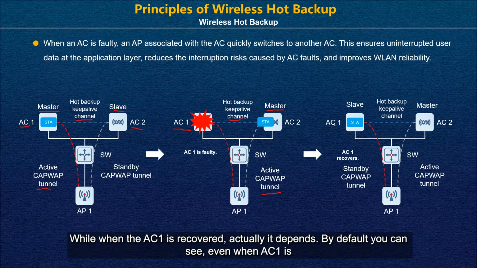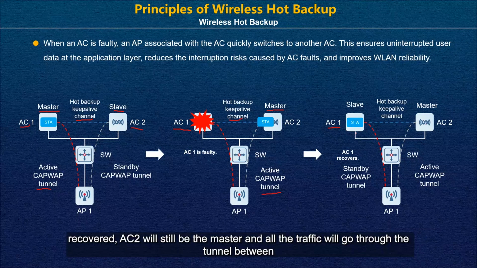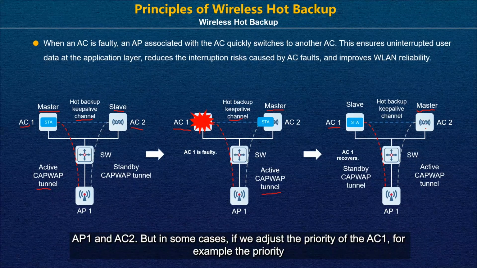When AC1 is recovered, actually it depends. By default, even when AC1 is recovered, AC2 will still be the master, and all the traffic will go through the terminal between AP1 and AC2.